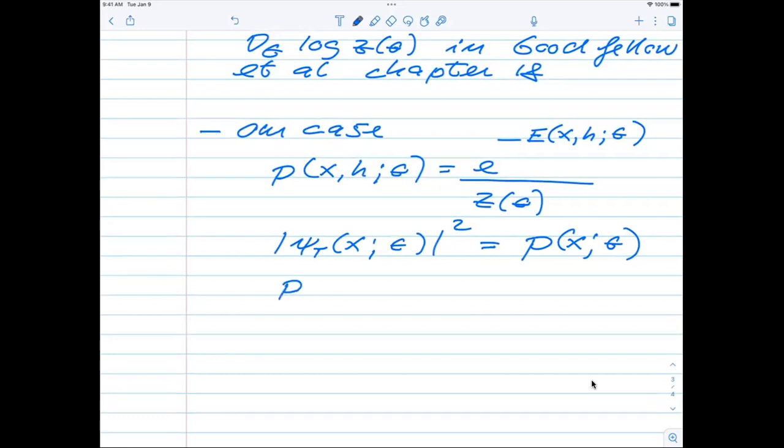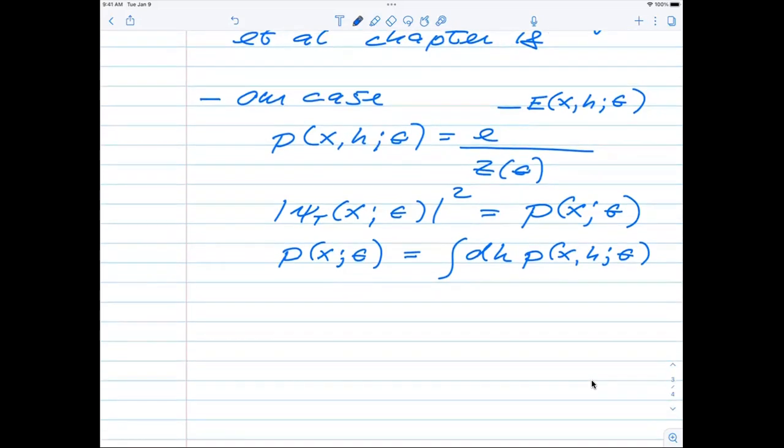Just to remind you, p of x of theta, if we have a continuous function, is given by the integral dh of p of x, h of theta. So in our case, the quantity which we want to set up is a trial wave function, defined by this Boltzmann distribution.